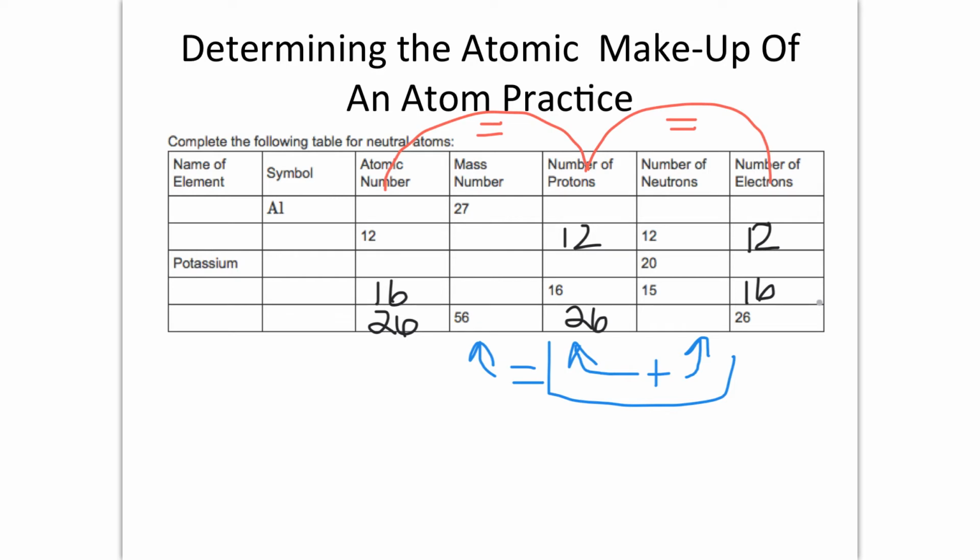Okay, so let's see if we can fill in any boxes. Well, we have these 2 here right next to each other, so we can do these 2. And so 16 plus 15 is 31. So let's put 31 right here. That's a 3, not a 5. And then we do know that 12 plus 12 is 24. So we put that there.